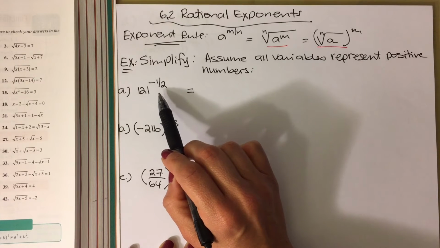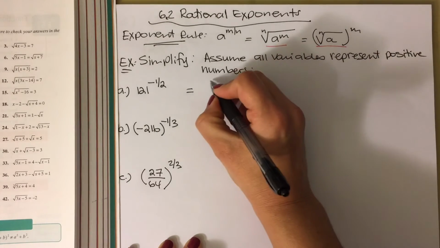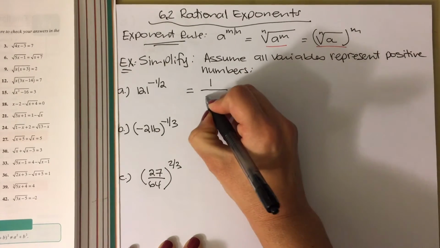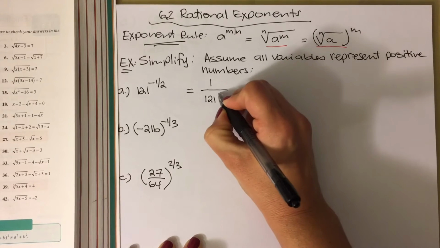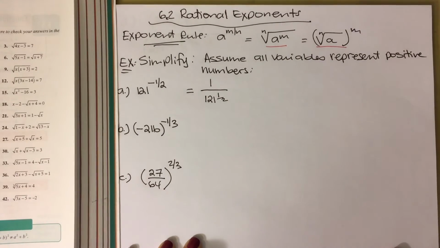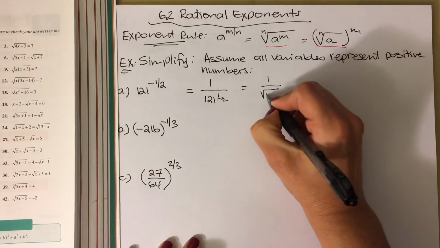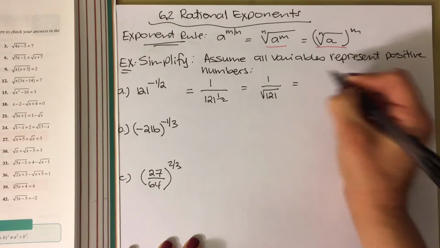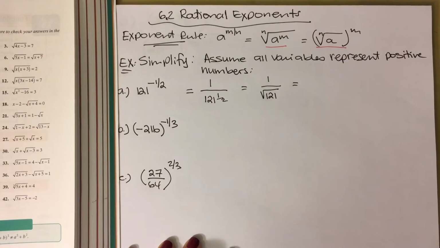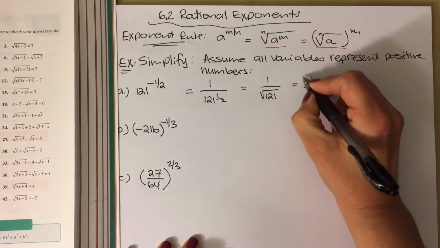Using the exponent rules from the previous section, we can write 1 over 121 to the positive 1/2 power. And then I know that this is the same as 1 over square root of 121. Square root of 121 is 11, and we have our final answer.